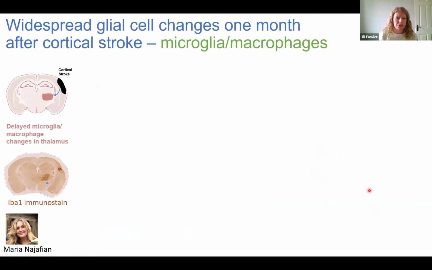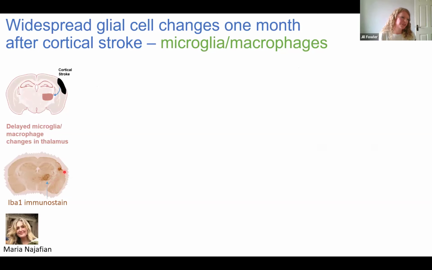But then in my lab, we were interested in trying to understand what happens to glial cells, specifically microglia, macrophage, and astrocytes. And so we stained sections throughout the brain for IBA1 to look at, first of all, the microglial macrophage response. And interestingly, we found that this was not confined to the lesion and the peri-infarct lesion areas, which you can see here on this slide scanner image of IBA1 staining.